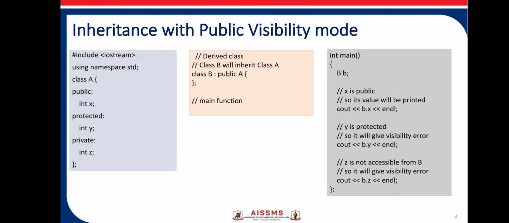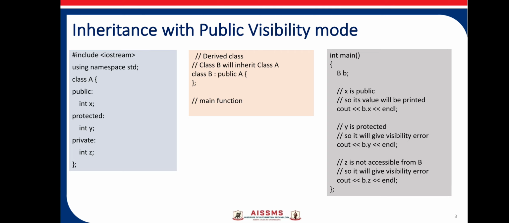As we know, to access the content of a class, we need to first create an object. So first, in the main function, we create an object for the derived class, that is nothing but B. As we know, we inherited class A with a public mode.